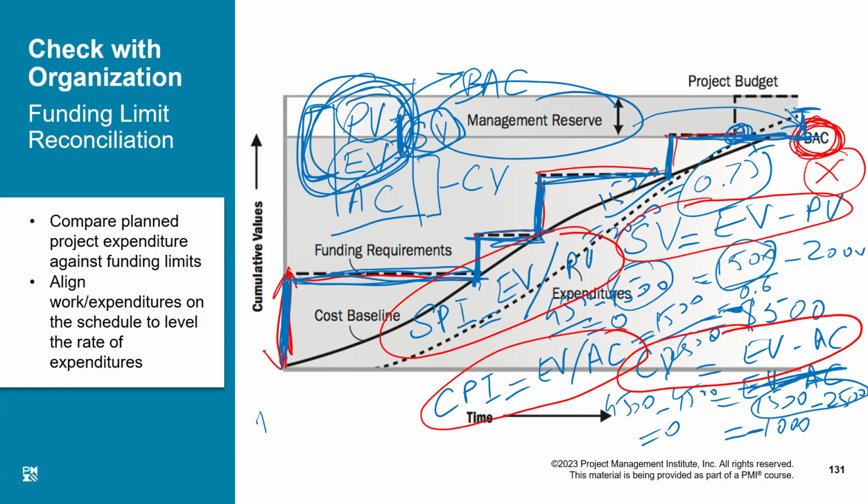But unfortunately, all the organizations are not using this method to calculate their variances, right? So, generally, people do not have an idea that there can be a relation between schedule performance and the cost performance.